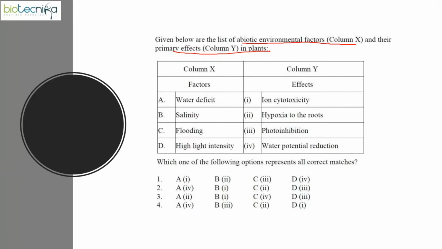This is a recent question. So in column X, we have factors, that is water deficiency, salinity, flooding, and high light intensity. On the other hand, for column Y, we have iron cytotoxicity, hypoxia in the roots, photoinhibition, and then water potential reduction. So what should be the correct combination over here?